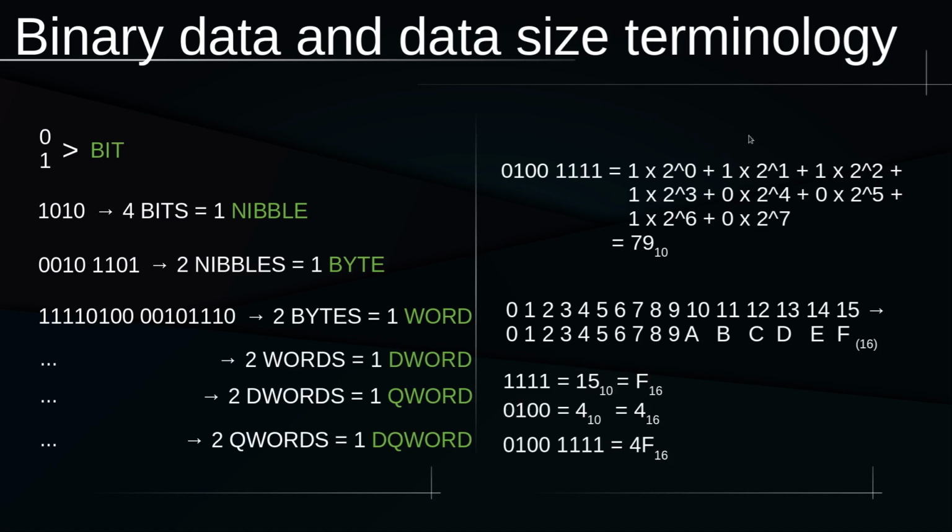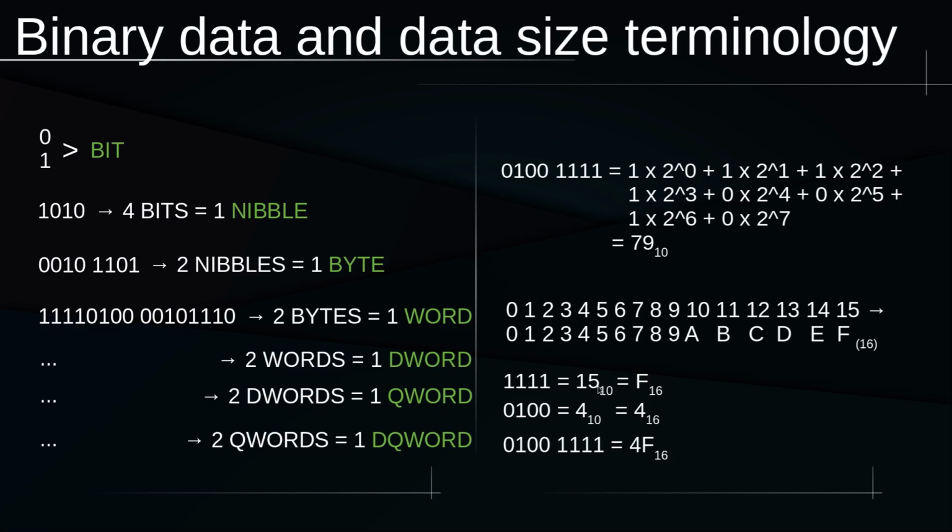So the only positive term in this whole sum would be 1 times 2 to the power of 2. So that's 4. So 4 in base 10 equals 4 in base 16. So we have our first digit.